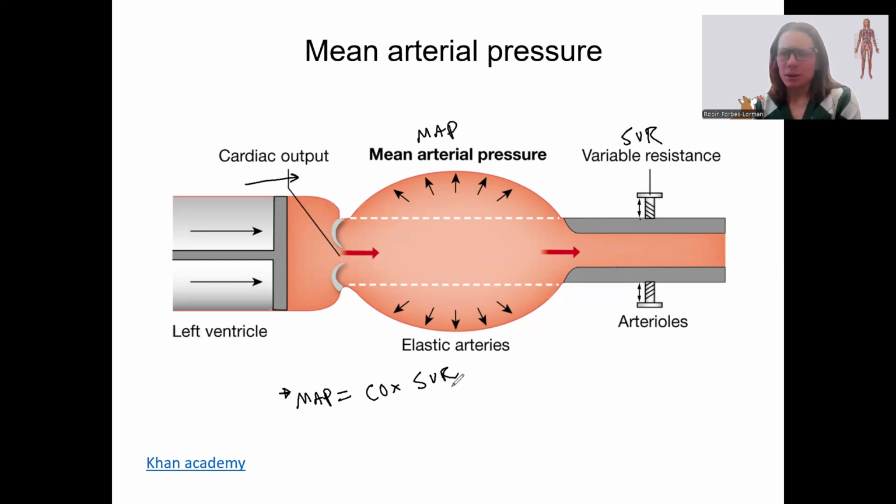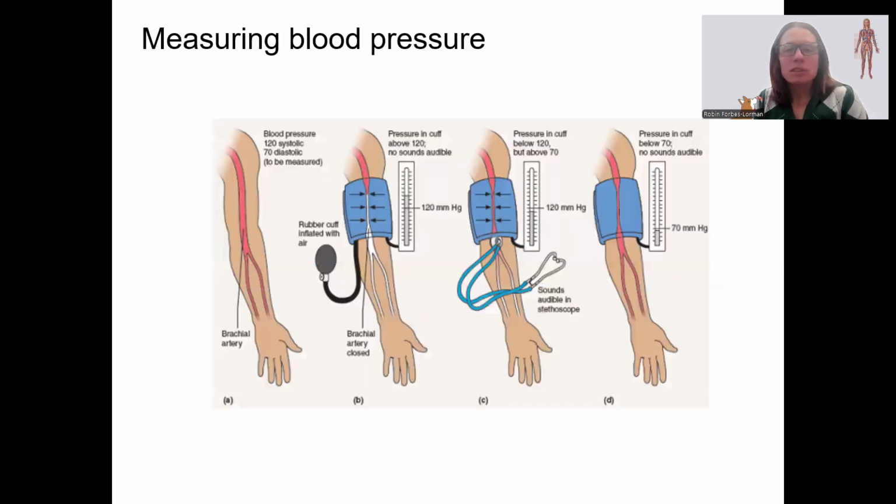So we can't measure cardiac output and SVR in the human body. So clinically, to measure mean arterial pressure, we're going to measure the brachial artery. I'm not going to go over this in detail right now. You're going to do this in lab. If you haven't already, use a blood pressure cuff to measure brachial artery pressure, which is approximately equal to the aorta.